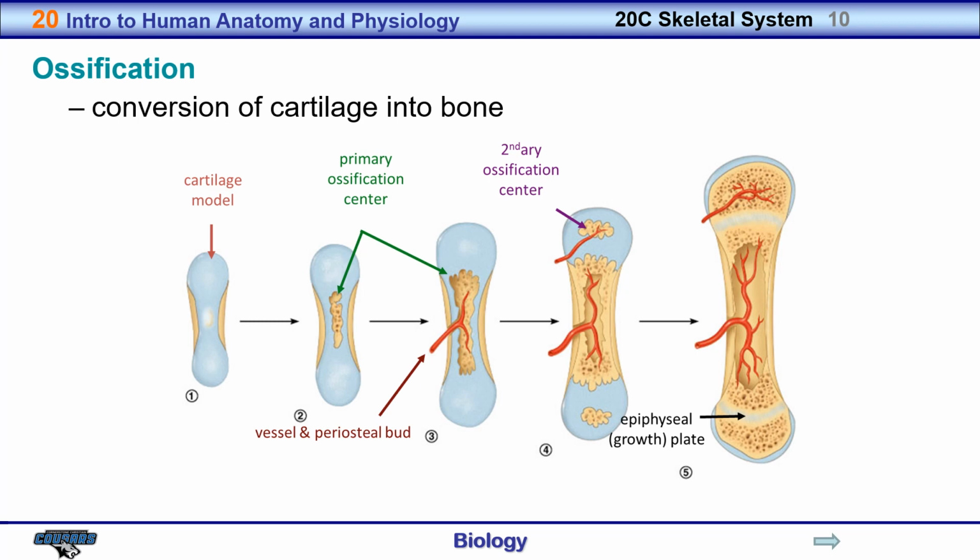There's one kind of in the center of a long bone, and then there's one at the end. One of them will make the epiphysis, the other part will make the diaphysis. And in between those two areas is called the epiphyseal growth plate.